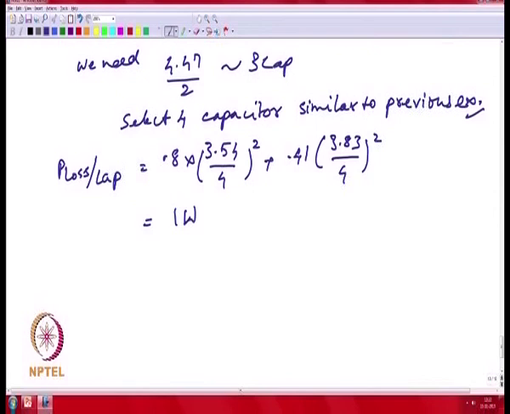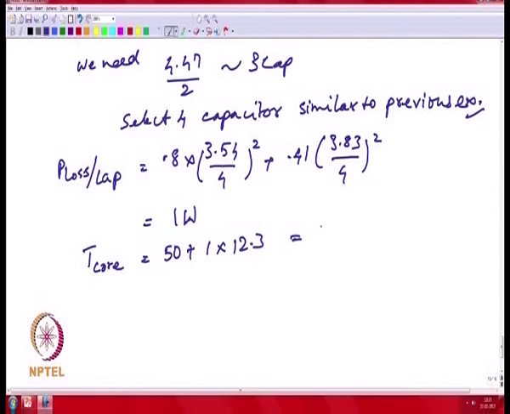So with 4 capacitors in parallel, we are talking about 4 watts loss in the bank. Your core temperature for the capacitor is 50 plus 50 is the ambient within the cabinet plus 1 watt loss per capacitor into 12.3, which is the thermal impedance in degrees per watt.